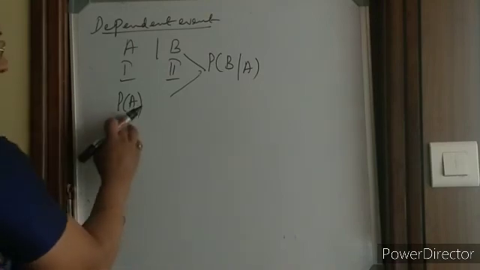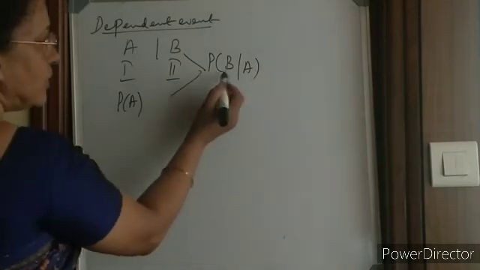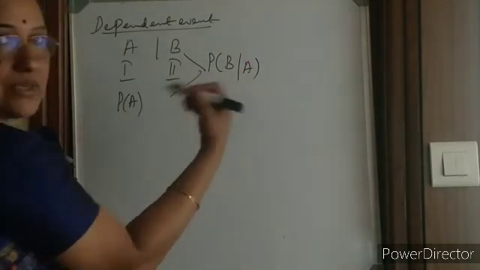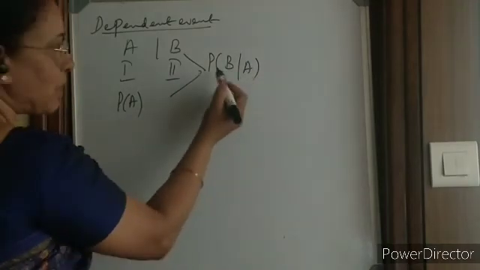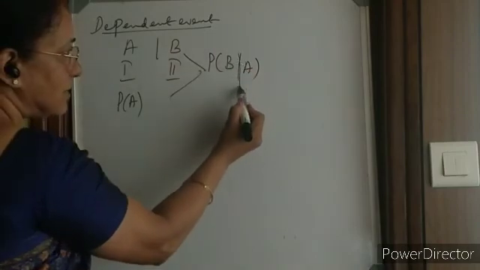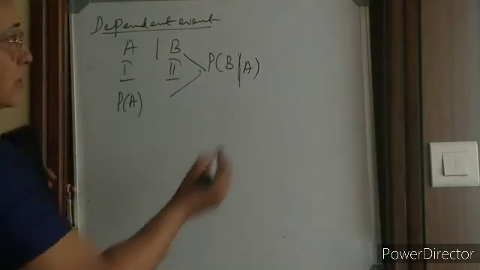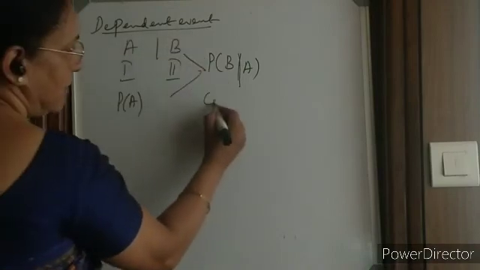This is how you read it out: probability of B given A. It means the probability that the event B occurs under the condition A has occurred. So there is a condition, therefore this is called conditional probability.